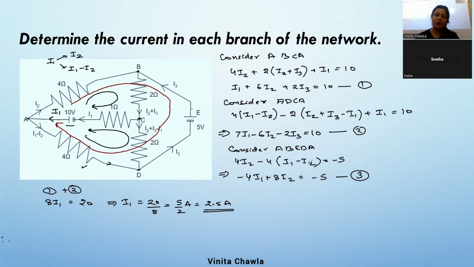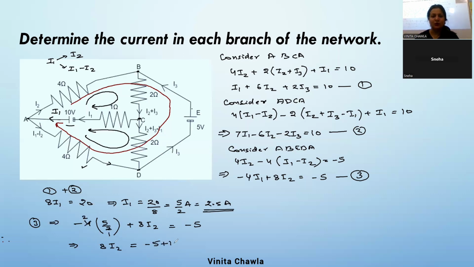You can easily find the value of I2. Now from 3, minus 4, put the value of I1 here. It's 5 by 2 plus 8I2 is equal to minus 5. So this implies 8I2 is equal to minus 5, 2 1s are 2, 2 2s are 4, minus 10 becomes plus 10.